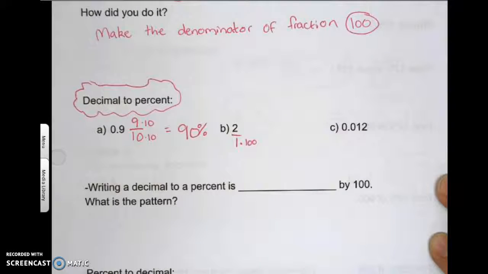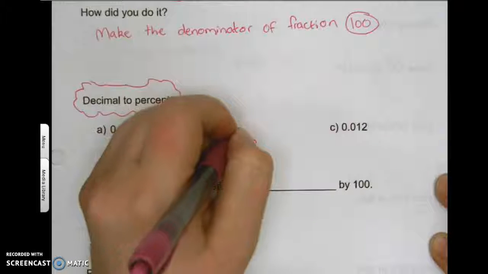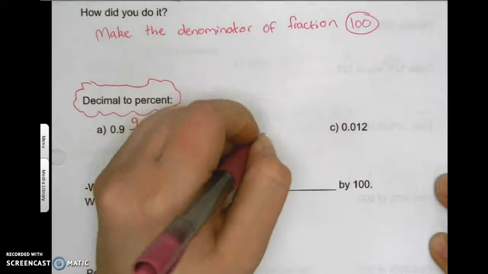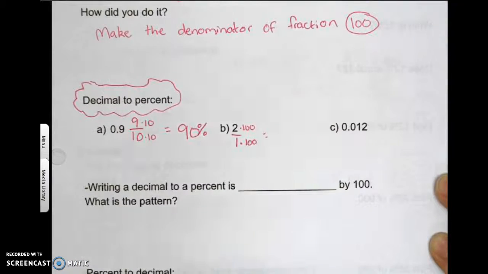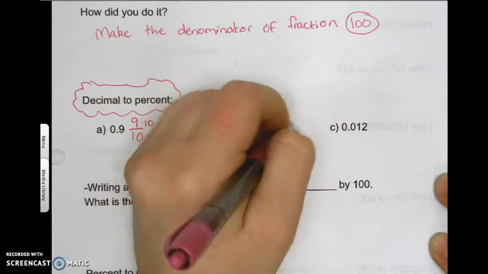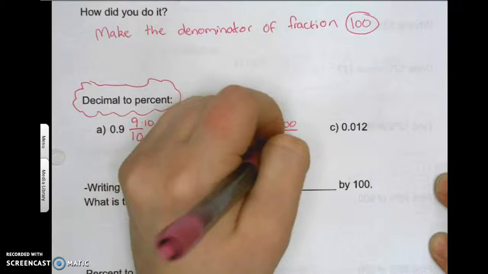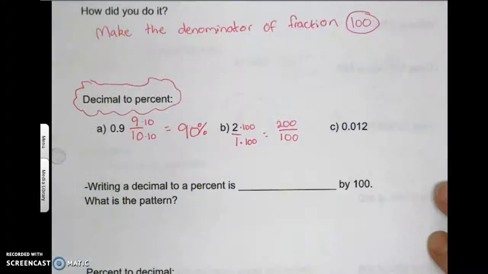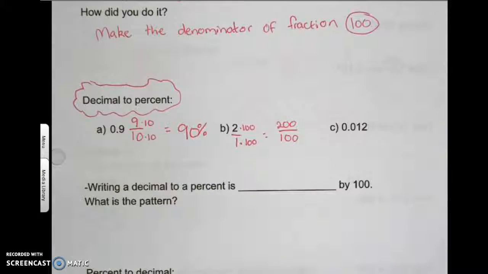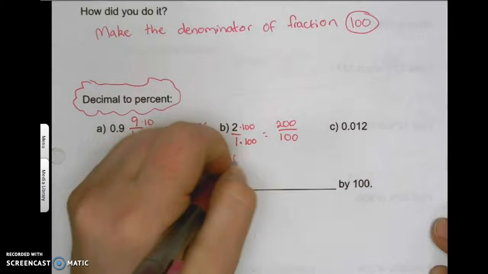So I'm going to multiply by 100. What I do to the bottom, I have to do to the top. So 2 times 100 is 200 over 100. Now if I have 200 out of 100, that's going to give me 200%.